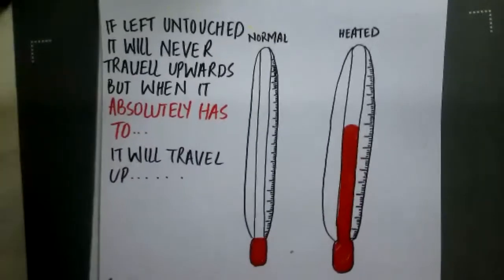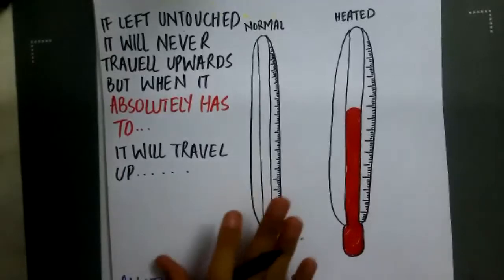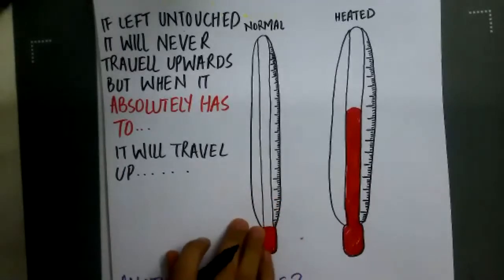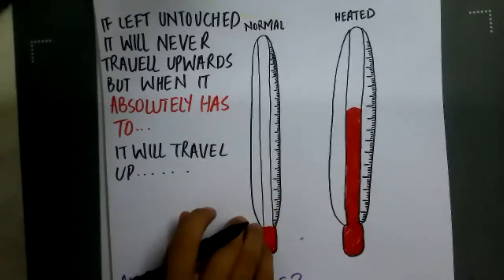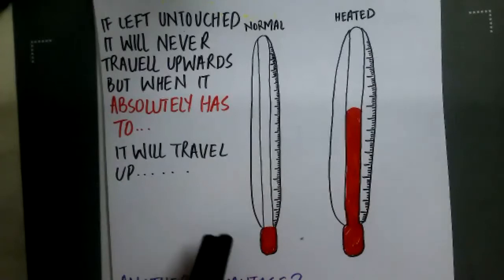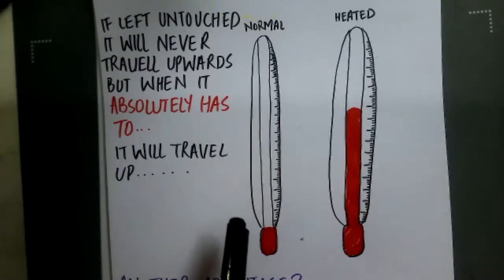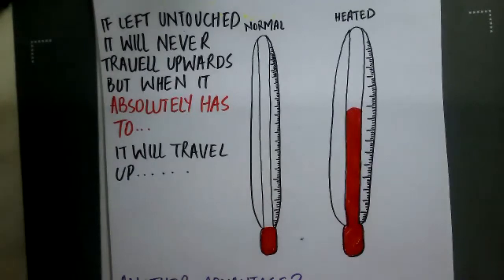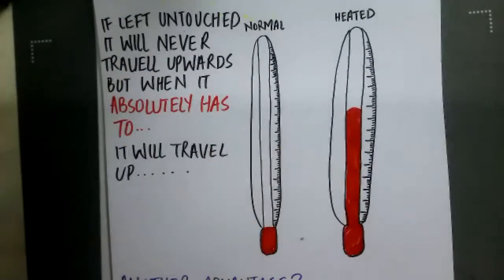Because it would only travel up the tube when it absolutely has to, when it's given energy and expands up the tube, that is a benefit for us, and that's why we use it for thermometers. Using this property, is there any other advantage that we have for using mercury as a thermometer?